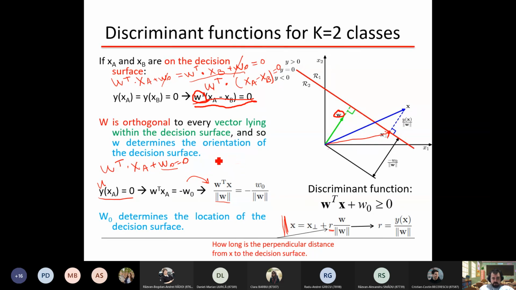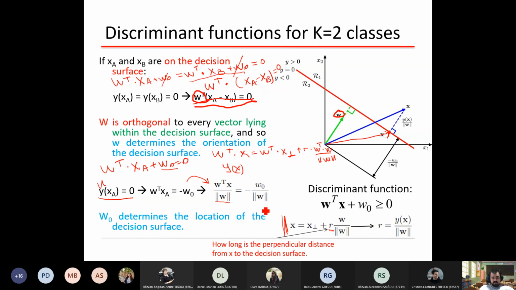We'll get W transposed multiplied by X equal to W transposed multiplied by X perpendicular plus R multiplied by W transposed multiplied by W over the norm of W. Now, we'll add w0 to both sides so that on the left hand side we'll have y of x.